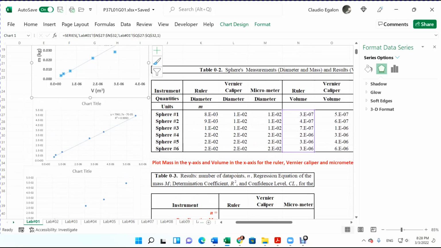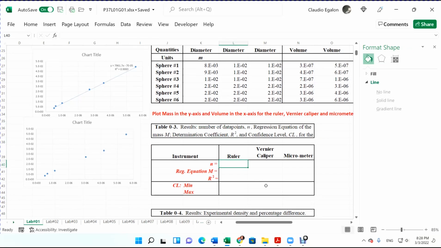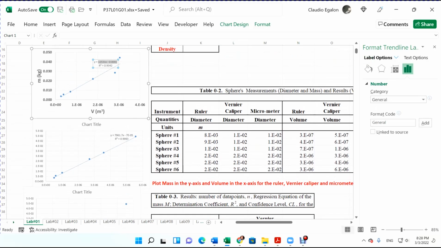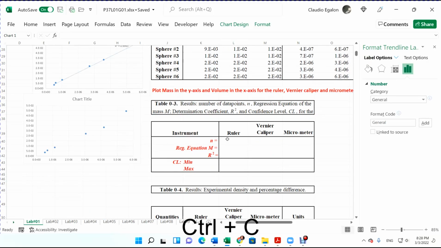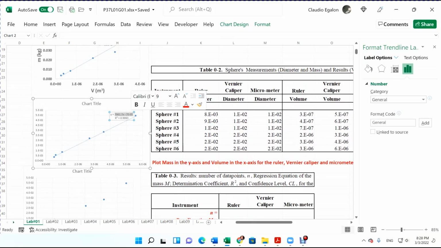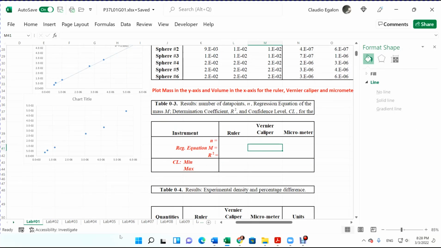So now, what you do next, you write down the number of data points. You count 1, 2, 3, 4, 5, 6, 6, 6, and 6. That's the number of data points. You write down the regression equation: copy this equation here, paste here for the ruler. Copy this equation here, and paste here for the vernier caliper.